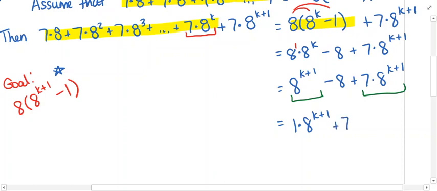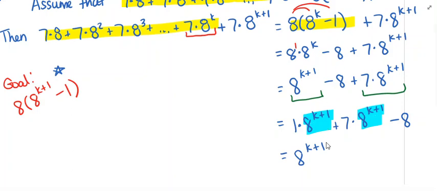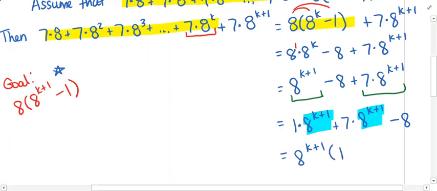We're going to have plus 7 times 8 raised to the k plus 1 power, and then we'll have the constant minus 8, okay? The first two terms have this 8 raised to the k plus 1 in common, so I'm going to factor that out, and that is going to leave me with 1 plus 7, okay?